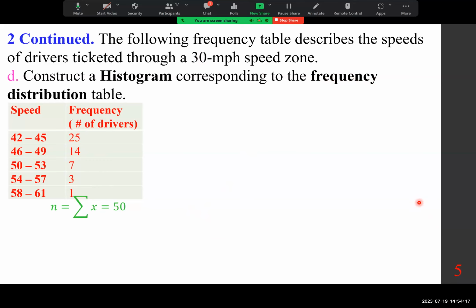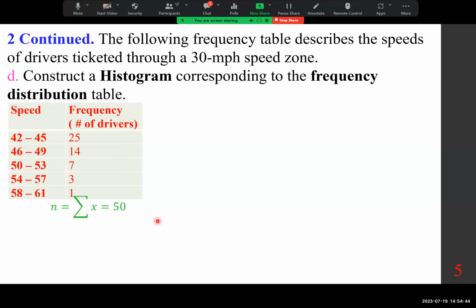But what goes on the horizontal axis? We have 3 choices. We can use the limits, we can use the midpoints, or we can use the boundaries. And we should have the same width. So boundaries are a better choice because in some other graphs, such as ogive, we use the boundaries.